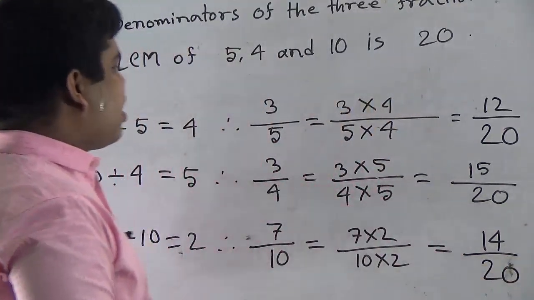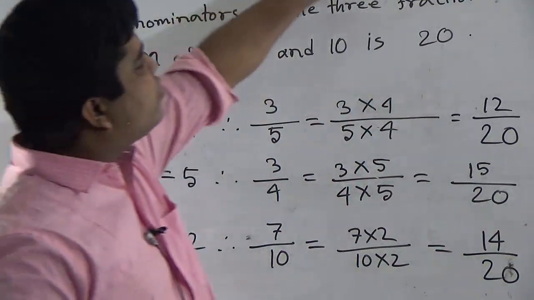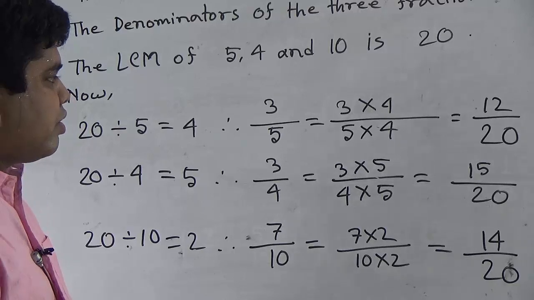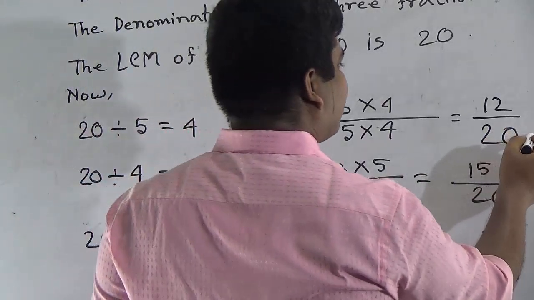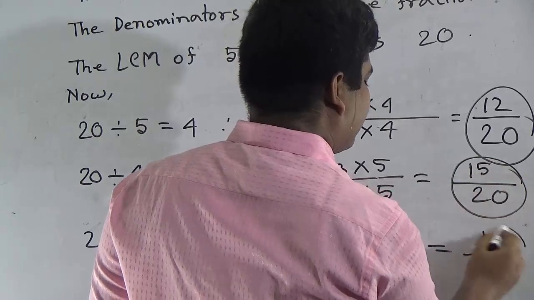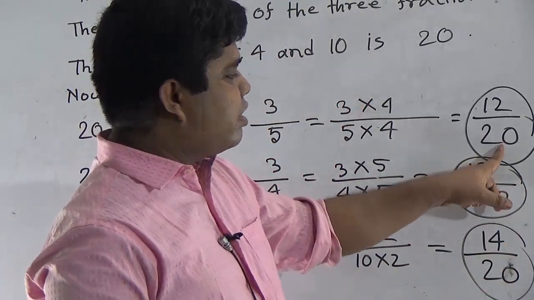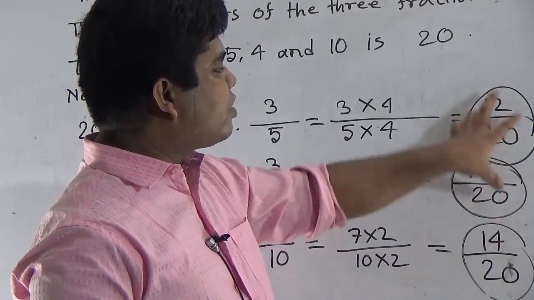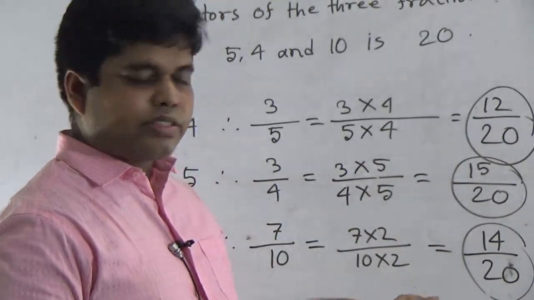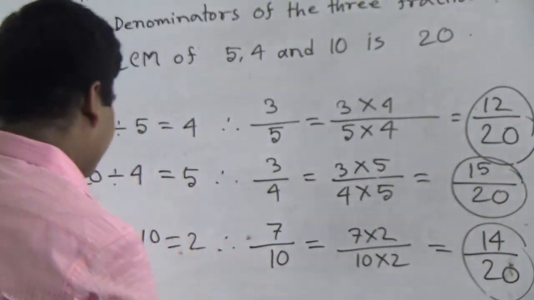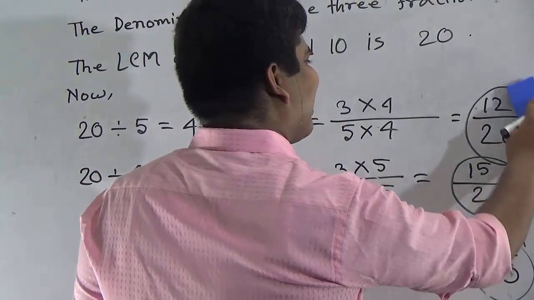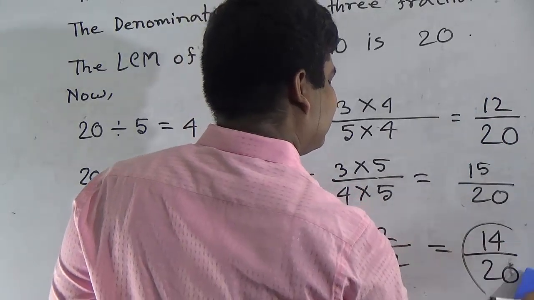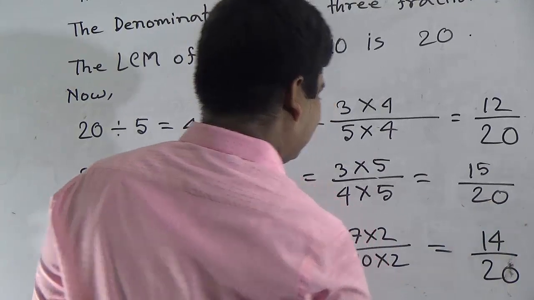My dear students, converting these three fractions into common denominators is done. Notice here denominator 20, here denominator 20, here denominator 20. So all the denominators of these three fractions are common, that means 20. Now we write the answer. You need not draw the circle; for your better understanding, I give the circle here.